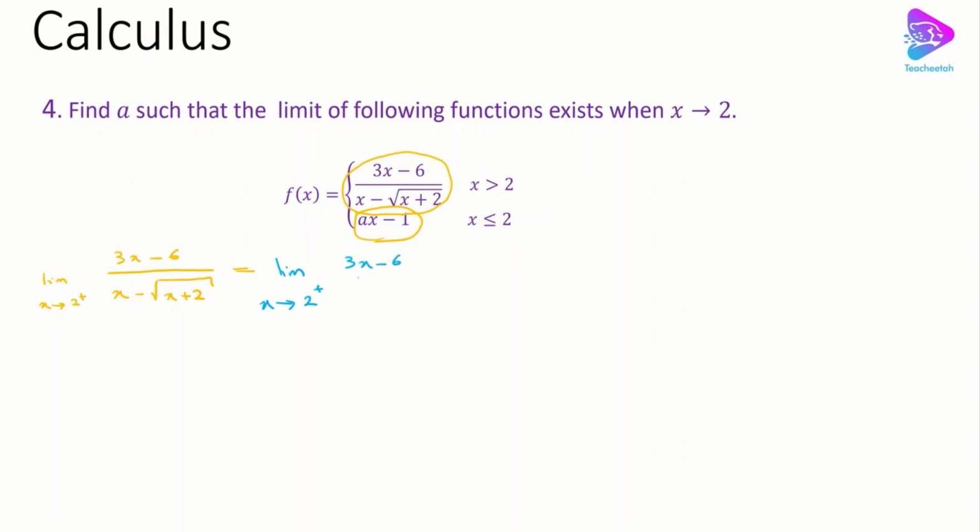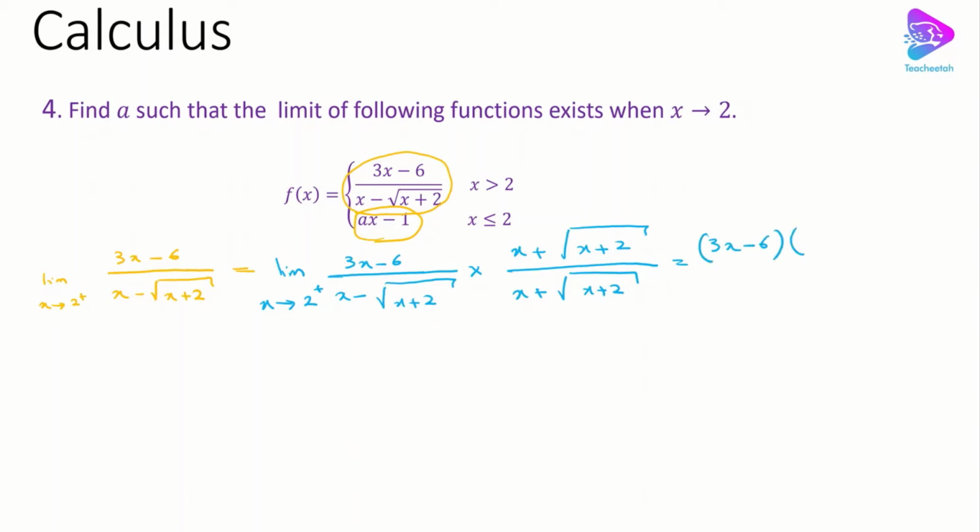It's going to be 3x minus 6 over x minus square root of x plus 2, multiplied by x plus square root of x plus 2 over x plus square root of x plus 2, which results in 3x minus 6 times x plus square root of x plus 2, and on the bottom we will have x squared minus x plus 2.